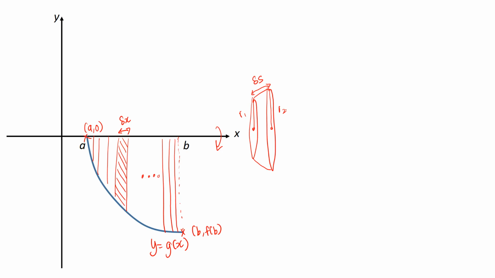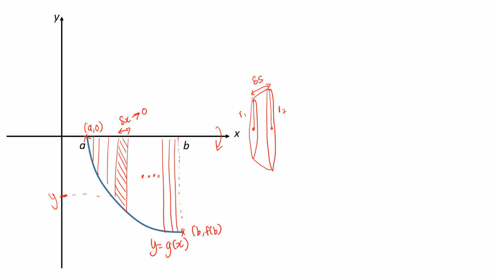But if we consider our small change in x to be very small, close to 0, then our small change in s is also very small, which will make R1 and R2 almost the same. Alright, and from the diagram we can tell that in this case, when R1 and R2 are almost the same, the radius basically corresponds to our y value, right?